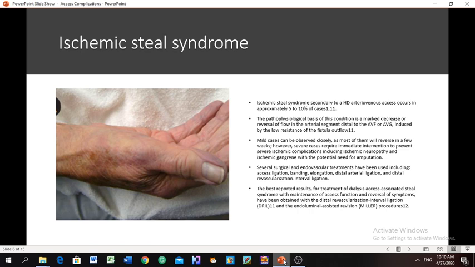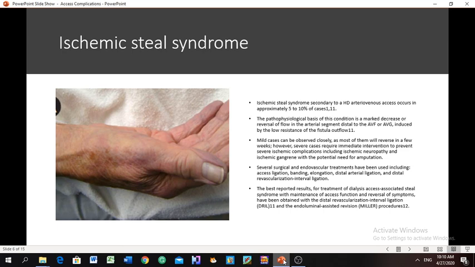Mild cases can be observed closely, as most of them will reverse in a few weeks. However, severe cases require immediate intervention to prevent severe ischemic complications, including ischemic neuropathy and ischemic gangrene, with a potential need for amputation.